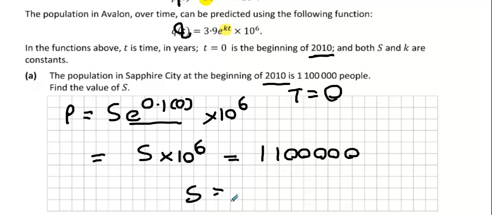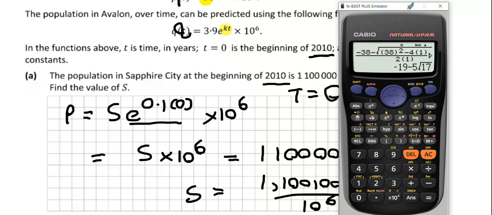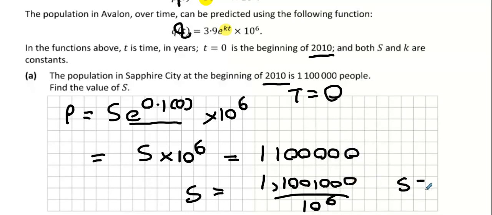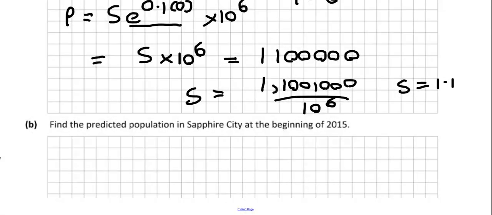How do we get S on its own then? 1,100,000 people divided by 10 to the power of 6. Somebody do that quickly. 1.1. S equals 1.1. We all good with that? So, that's grand.